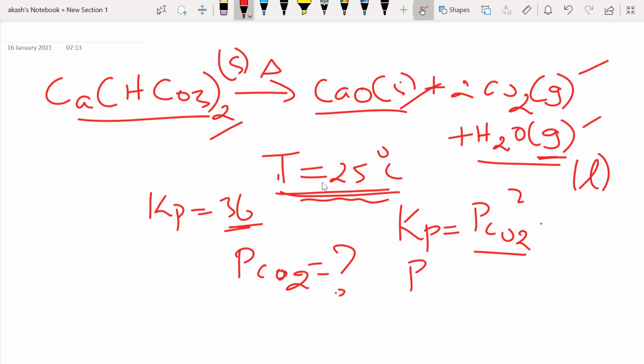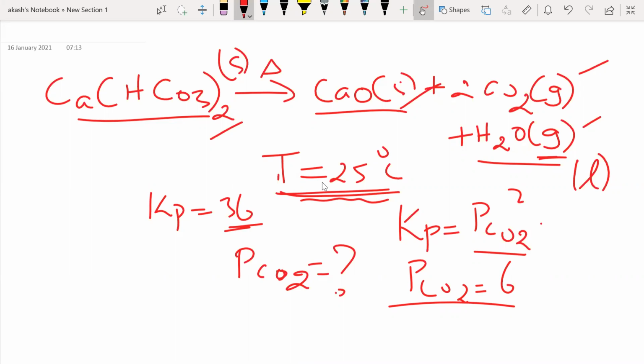So what is the partial pressure of CO2 now? 6. Right? Guys, everybody understood what I did here? H2O should have been in the Kp equation, but that would have happened if they didn't give you anything about the cooling down process.